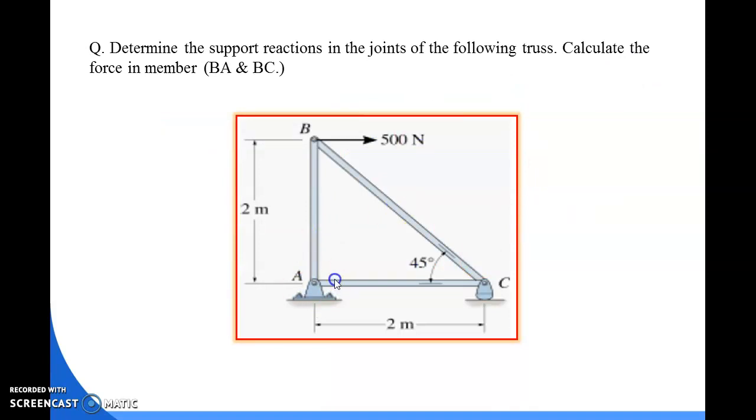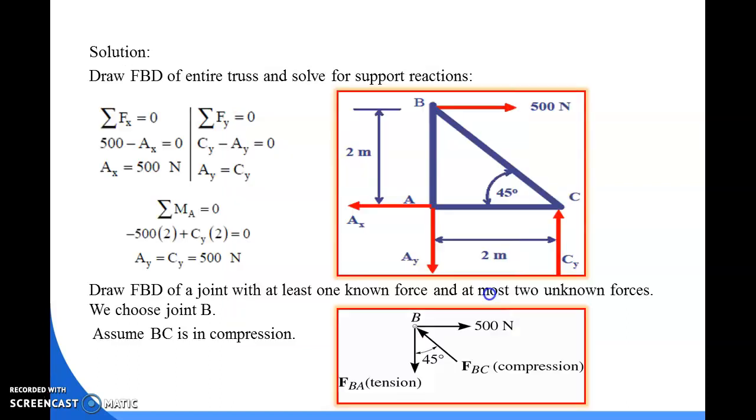Due to the hinge support here, we have to provide two reactions, one vertical and another horizontal. In case of joint C, due to the roller support, we need to provide one vertical reaction. So this is the free body diagram of the given truss.